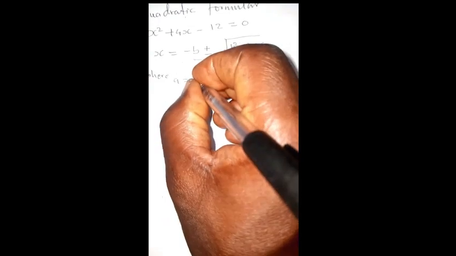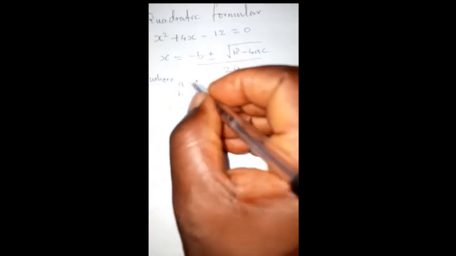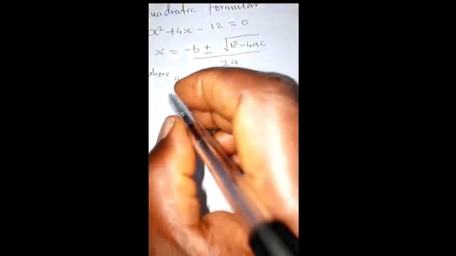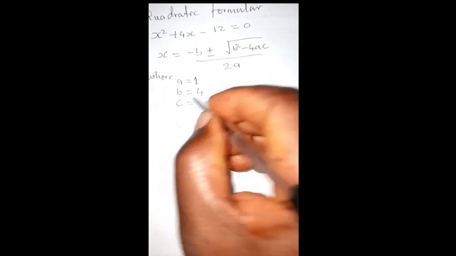In this case it is 1, and b is the coefficient of x, which is 4 in this case, and c is the constant, which in this case is negative 12.